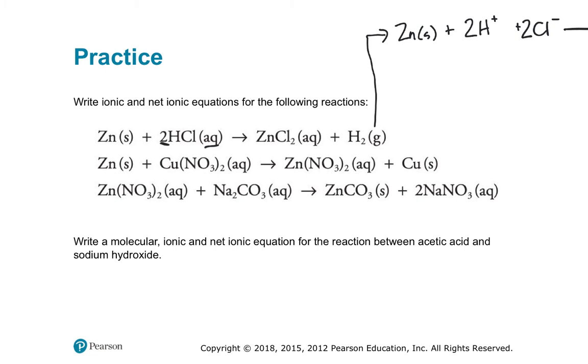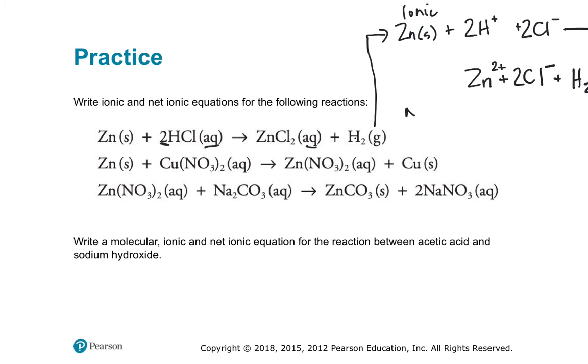That is going to react to form zinc chloride, which is aqueous. That is going to separate into ions of zinc 2 plus and chloride ions of minus. And we have 2 chloride ions here. And we have hydrogen gas, which is a gas, and so it doesn't form ions. All right, so this is going to be our ionic equation.